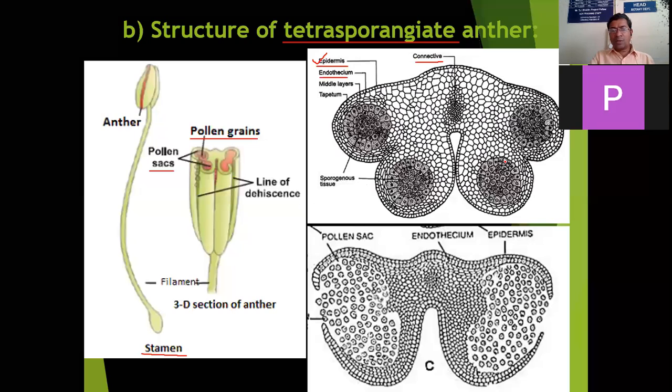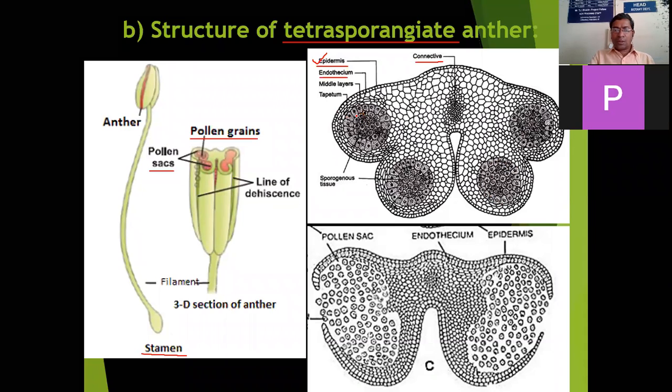At the time of the development of the pollen grains, energy is required, and this energy in the form of food material is given by the tapetum layer. So this tapetum layer is utilized during the development of the pollen grains.